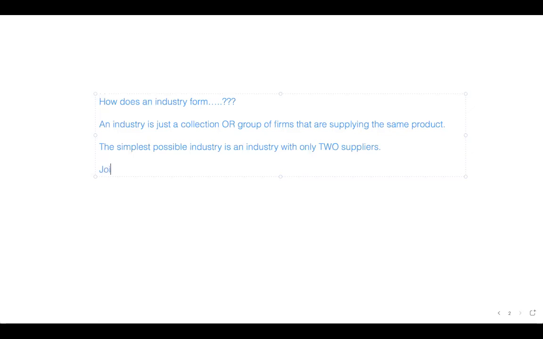So joint marginal cost is how we represent the combination of the 2 different suppliers.